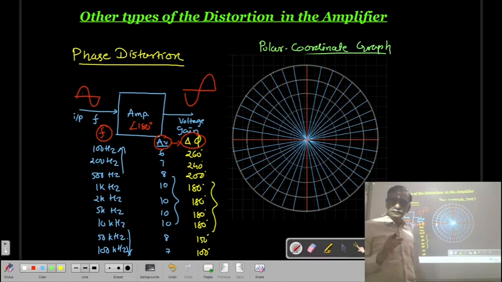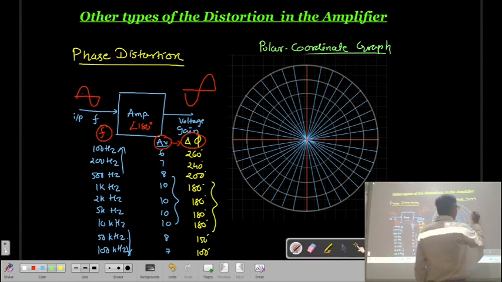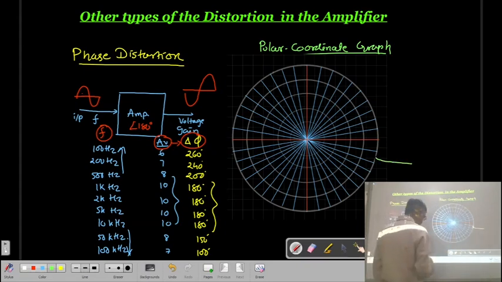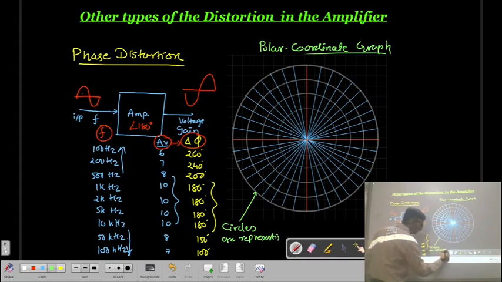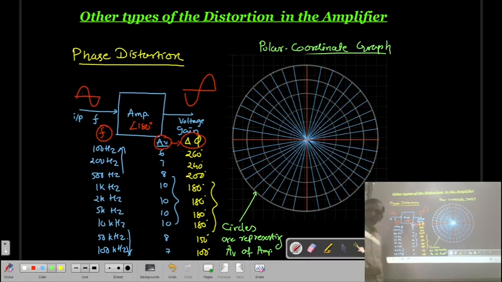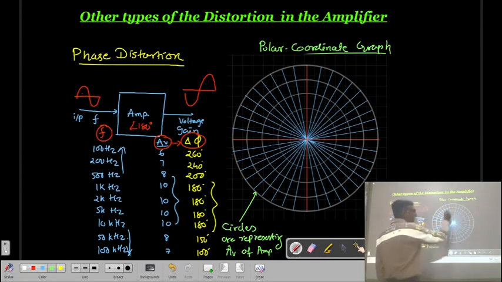These circles represent the gain of the amplifier, and the lines represent the angle.